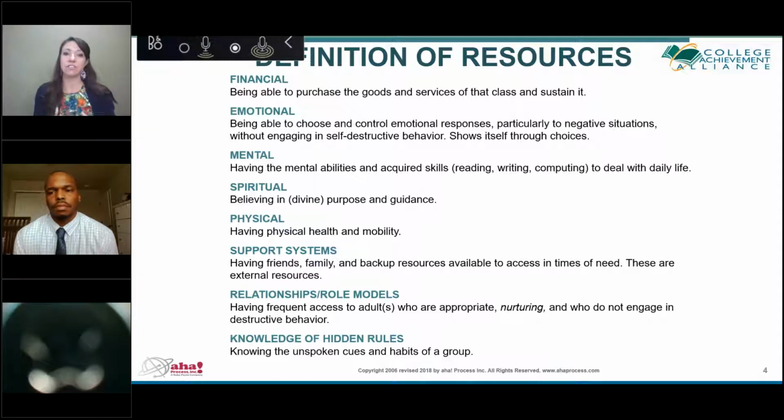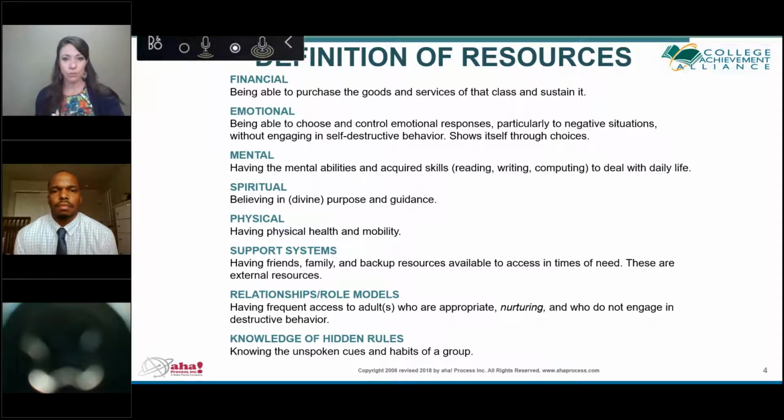The neat thing about this is it gives us something that we can do. Because I don't know about you, but there aren't a lot of us at the university, staff, faculty, administration that can just hand out money to our students to increase that resource. So what we can do is look at the other resources and try to figure out where can we have the greatest impact with our students.